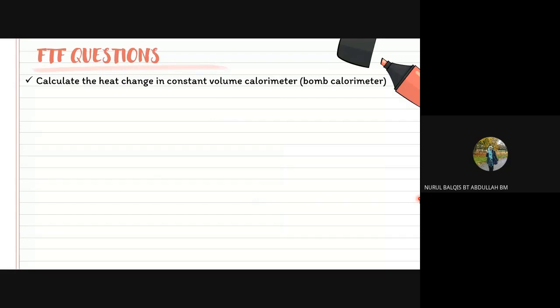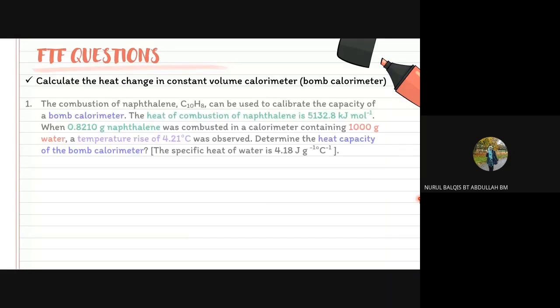Calculate the heat change in constant volume calorimeter. Still the same learning objective for face-to-face question. Given to you, the combustion of naphthalene C10H8 can be used to calibrate the capacity of a bomb calorimeter. So since we know it is a bomb calorimeter, we bring out its formula: Q reaction equals Q water plus Q calorimeter, as before.